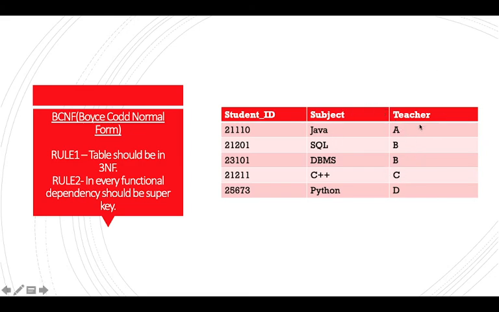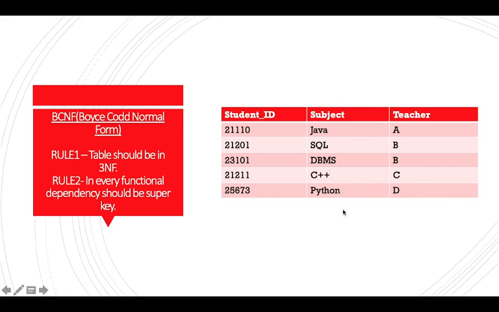If I see the relation between teacher and subject, you'll see that teacher is not fetching me a unique record. If I say teacher B, I don't know if the table is going to fetch me SQL or just DBMS. So teacher is not a super key here, while it is giving me a prime attribute, that is subject.